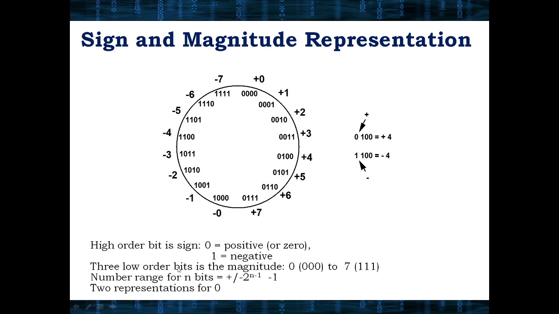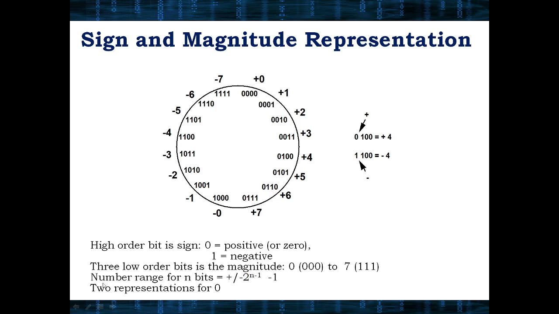The 3 low order bits are the magnitude here. So the high order bit represents the sign, and the low order bits represent magnitude. The number range for n bits is from plus or minus 2 to the power n minus 1, minus 1.